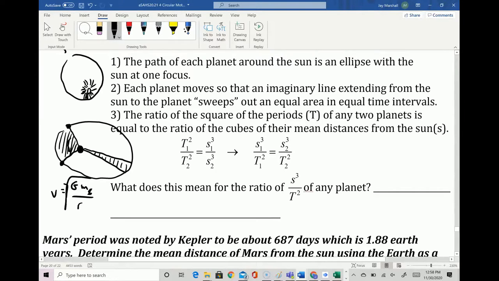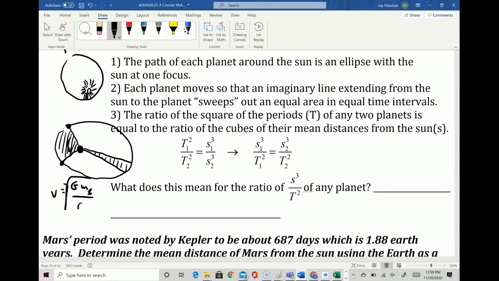The third thing that they figured out was that the ratio of the square of the periods of any two planets, okay, the period of planet 1 to planet 2, is equal to the cube of the ratio of the mean distance from the sun. And we have to use the mean distance here, okay, because these are elliptical orbits, so we say that it's the average distance from the sun.